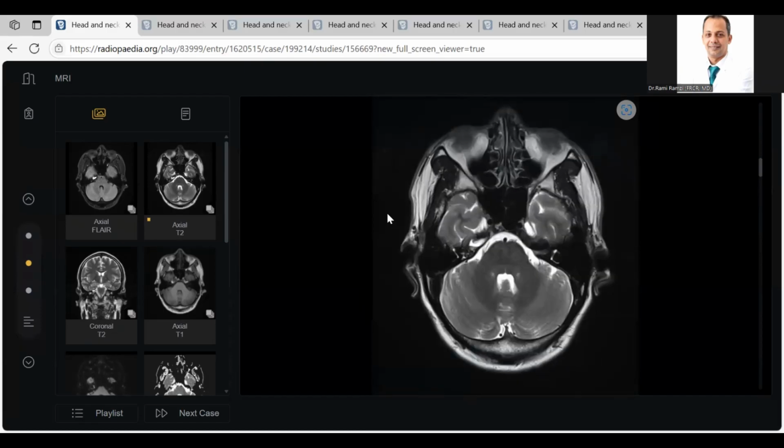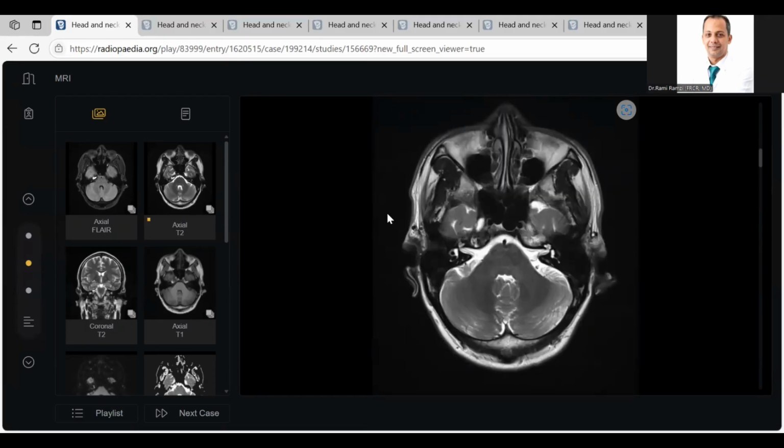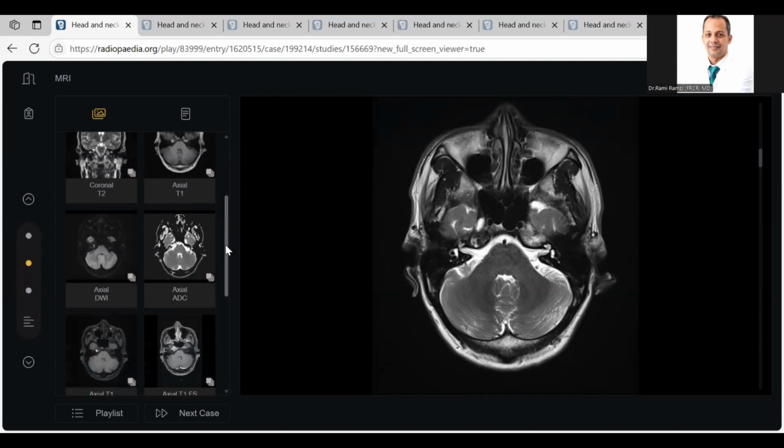The lesion has low signal intensity in T2, surrounded by fluid signal intensity. So I want to correlate with other sequences if available, like T1 or T1 post contrast, please.